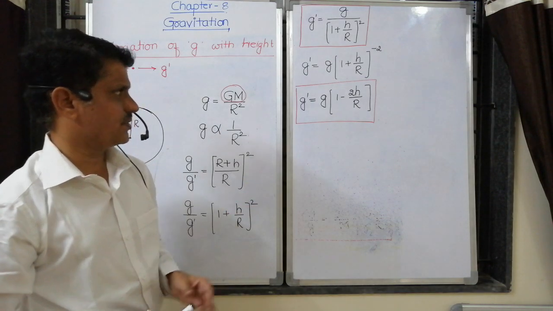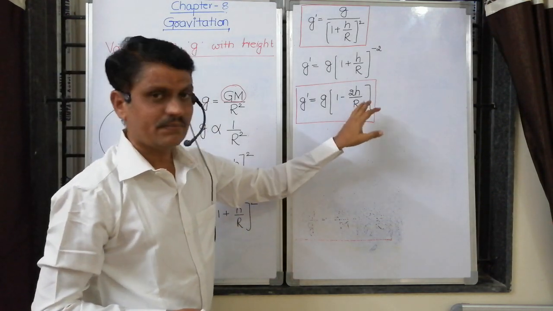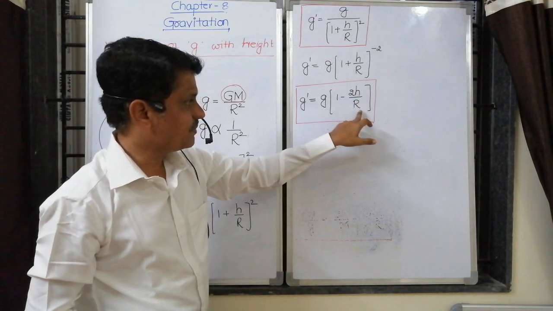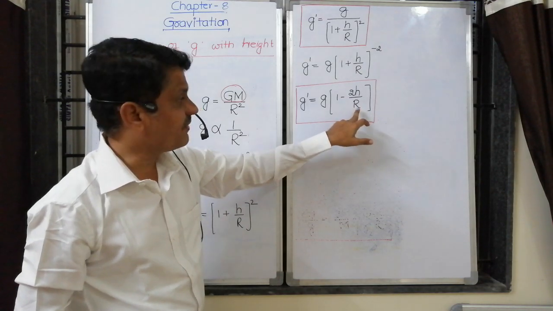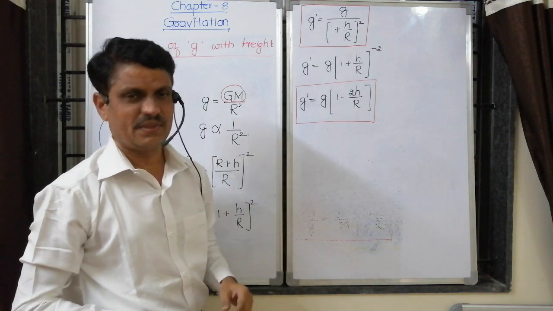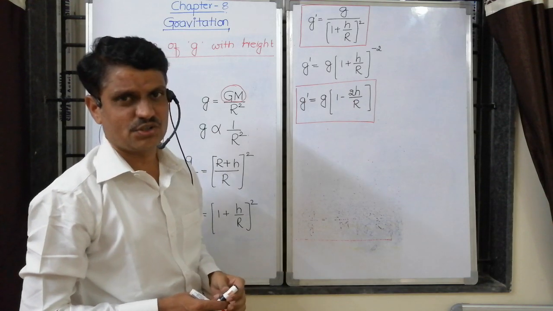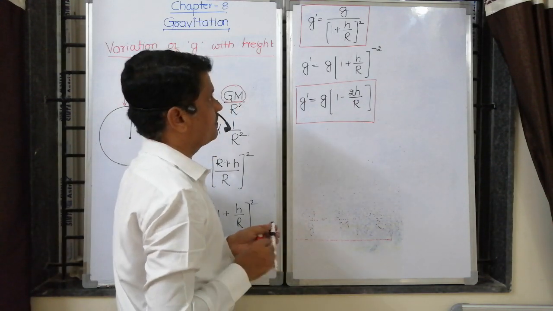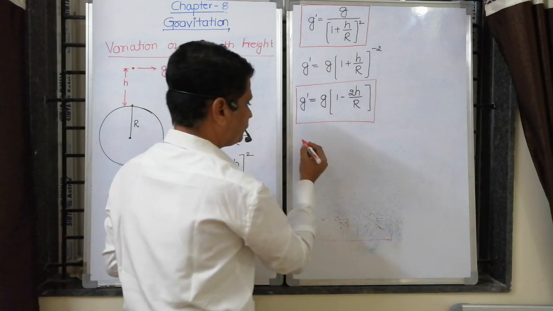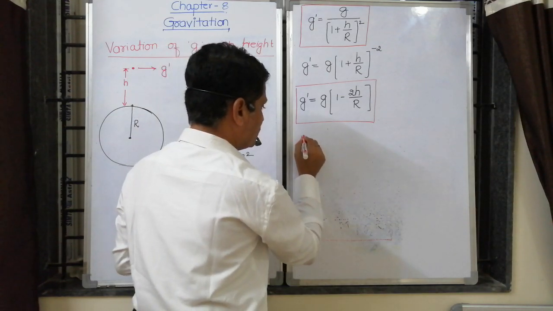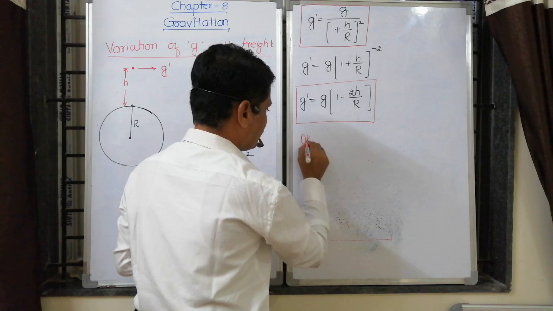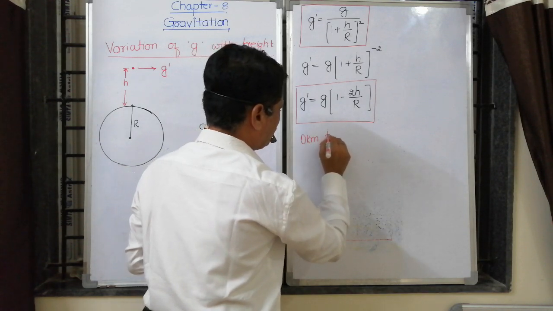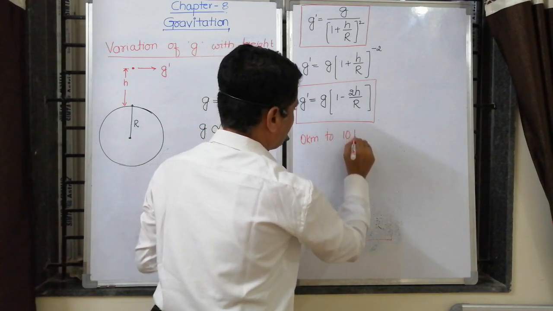Small means how much? That is, the value of h must be less than 5% of the r. 5% is also very large. Therefore, for our convenience, I can say up to surface of the earth, means 0 kilometer to 10 kilometer.